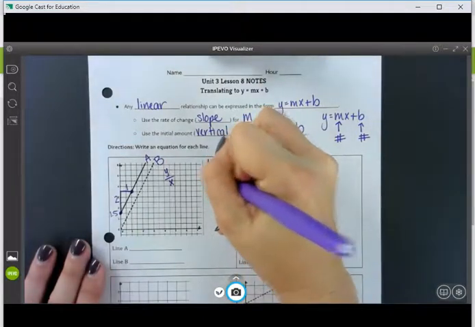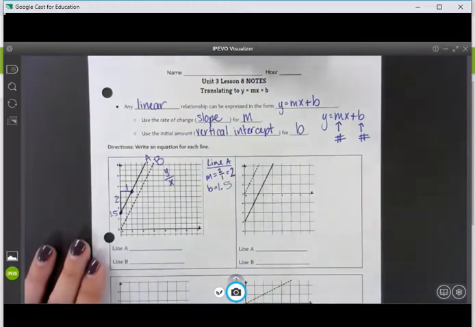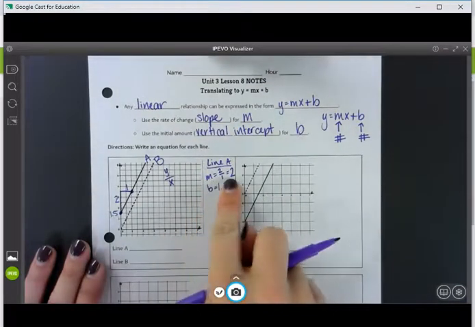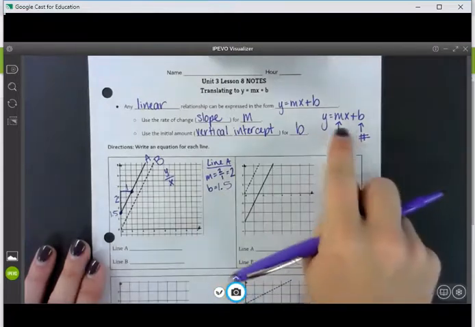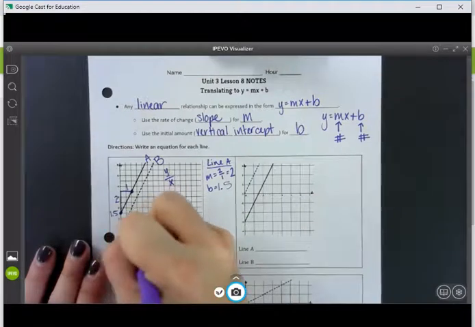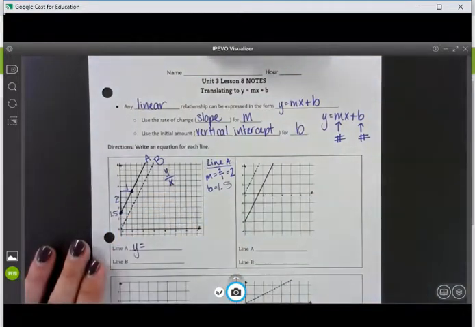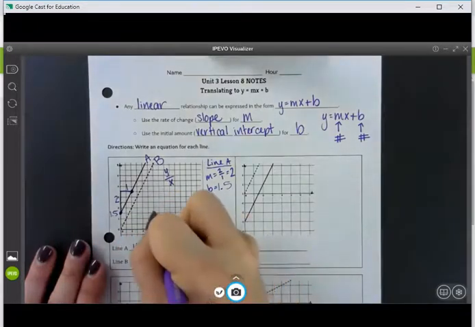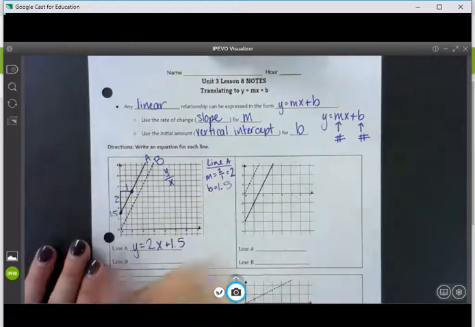So we get 2 over 1, which is the same thing as 2. So all we're going to do now is take our slope and our b value and put it into the equation. So for line A, we have y equals our slope, which is 2, times x, and then our b value is a positive 1.5.